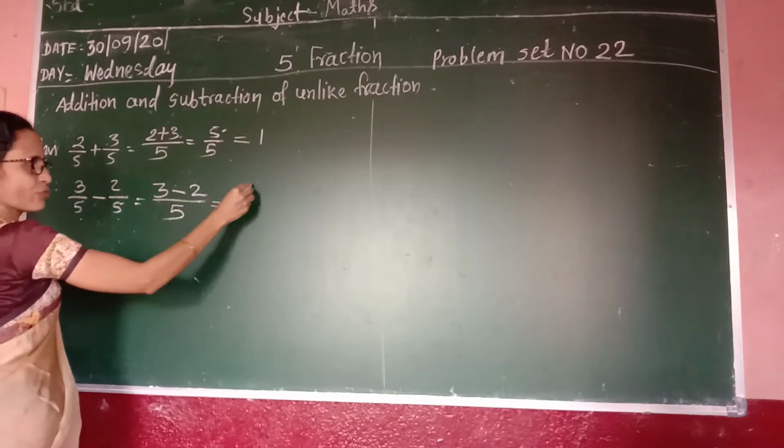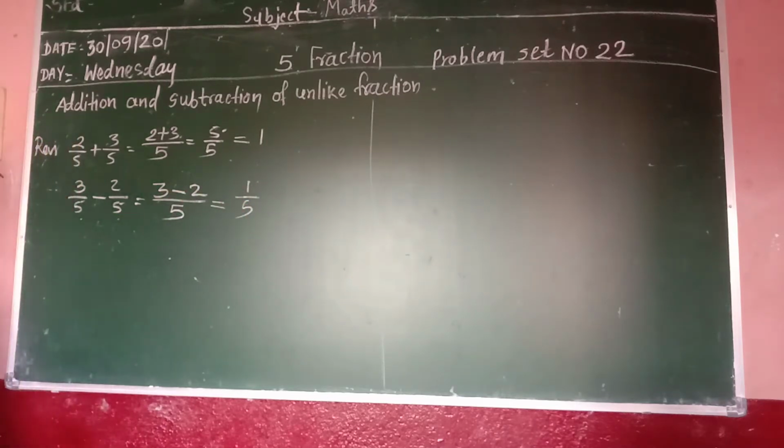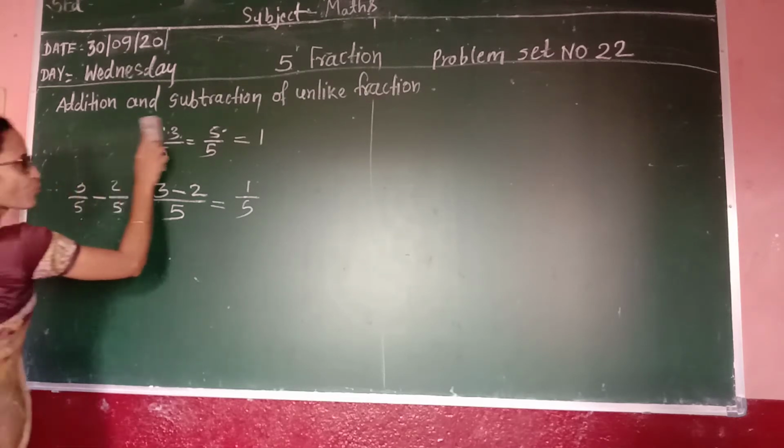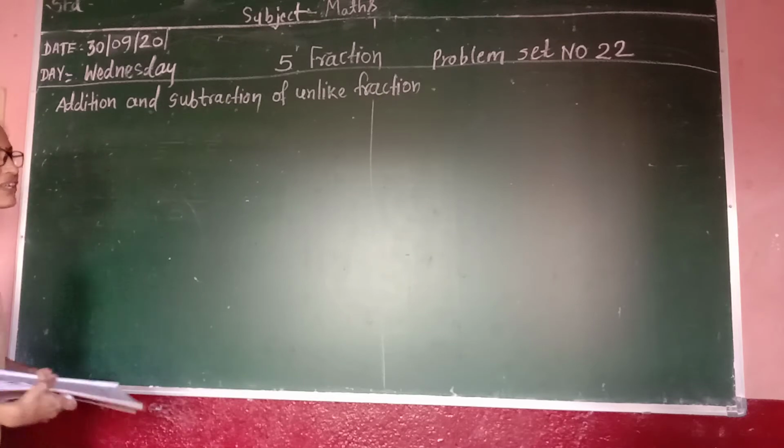So 3 minus 2 is 1, upon 5. This is revision of addition and subtraction of like fractions. Now, in problem set number 22, we study the addition and subtraction of unlike fractions.